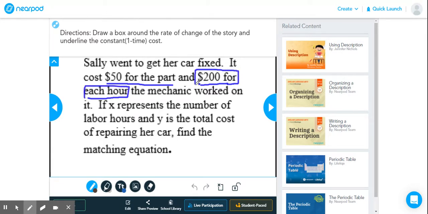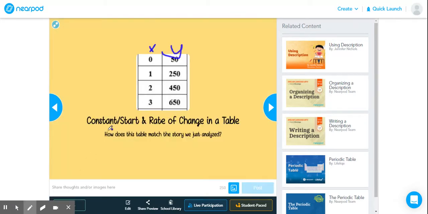That generally tends to be the case, where the labor, the work that someone's doing, costs more than the actual part when it comes to fixing the car. So in this story, I have to pay the initial $50 just to get the part into the shop, and then $200 for every hour that the mechanic works on my car. Here is the table that represents that story, fixing the car.